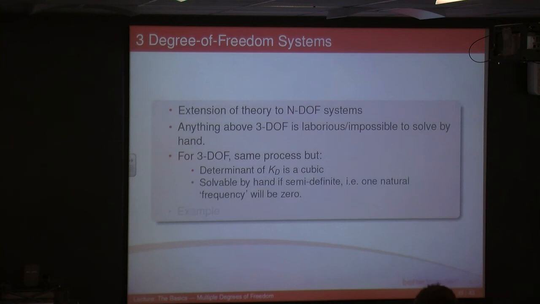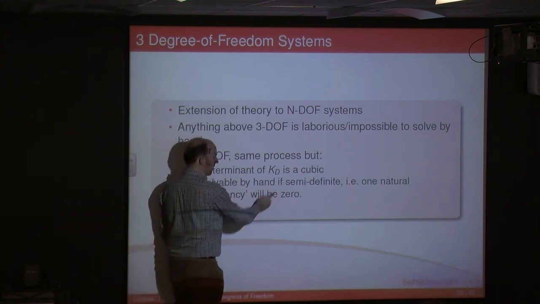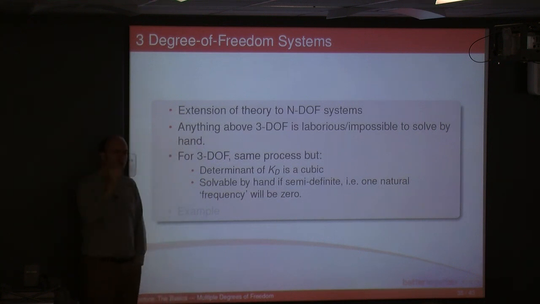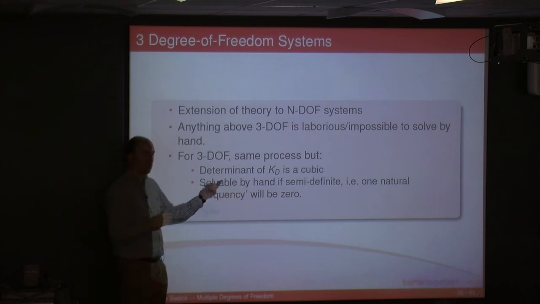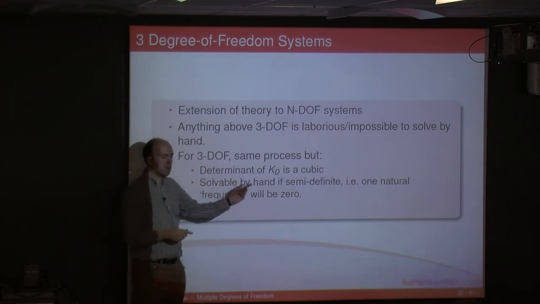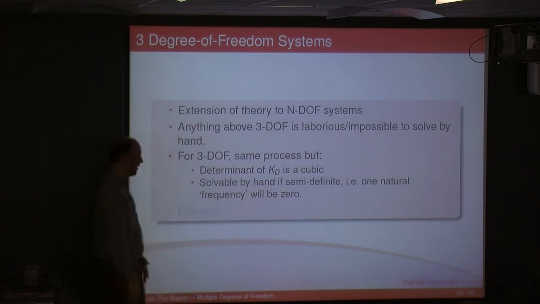It's only solvable by hand if you've got a semi-definite 3-degree of freedom system, because you know, therefore, one of the natural frequencies will be 0. And so obviously you can solve that by hand, because you take out the first natural frequency, you end up with a quadratic, which you can then solve in the other way.